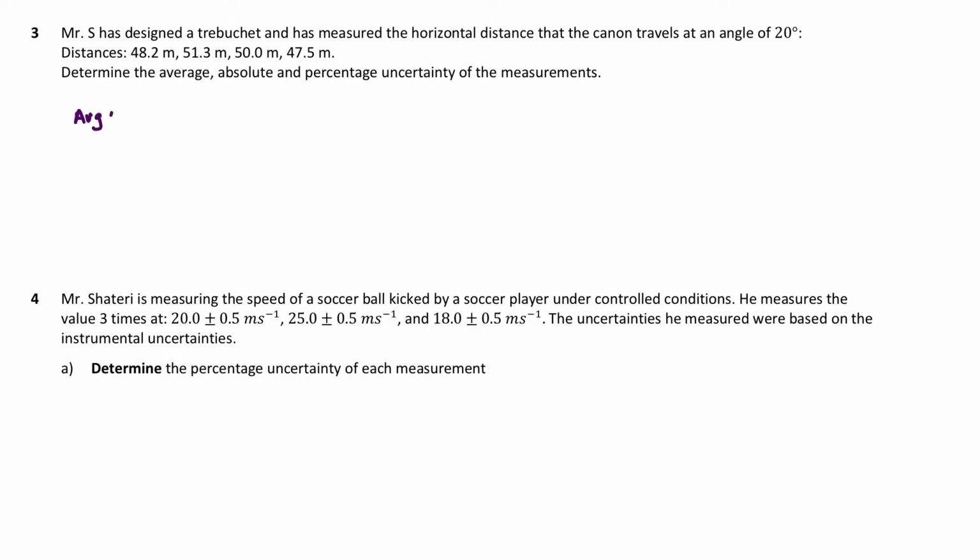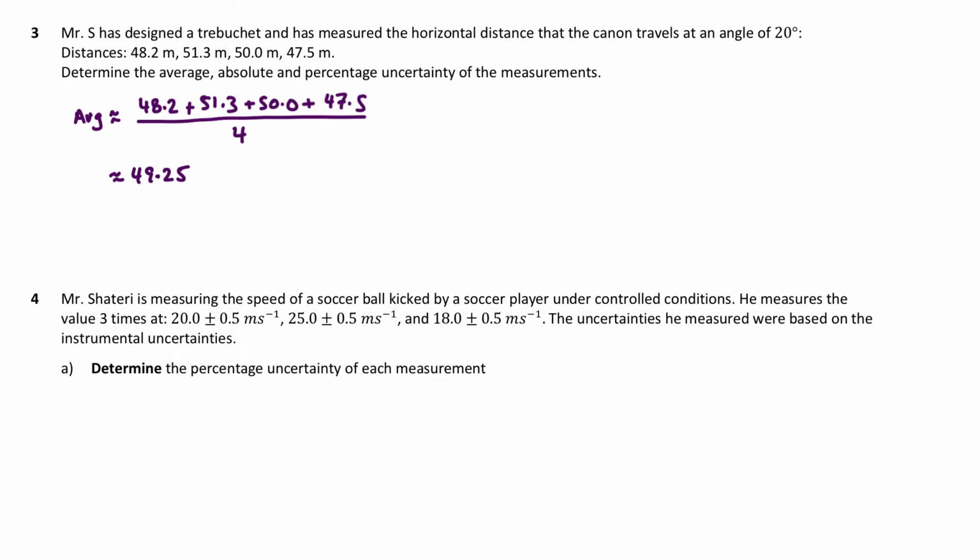that's going to be approximately 48.2 plus 51.3 plus 50.0 plus 47.5. We're just taking the mean or the average, and we're going to divide it by 4 because we have 4 trials. When I put all of this in my calculator, I get 49.25, so I'm going to keep it as that for now.